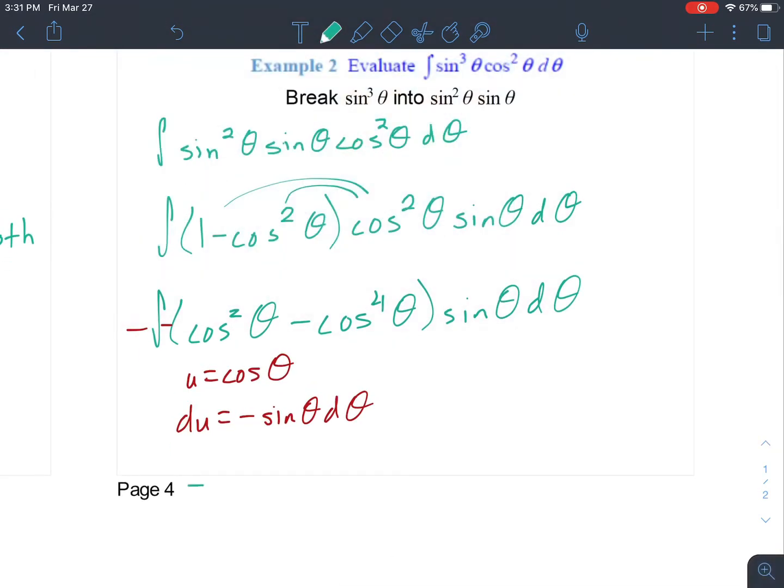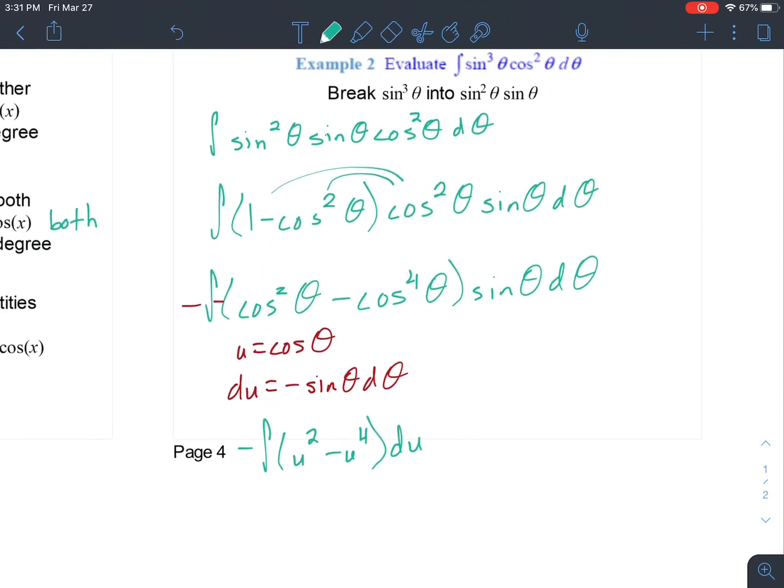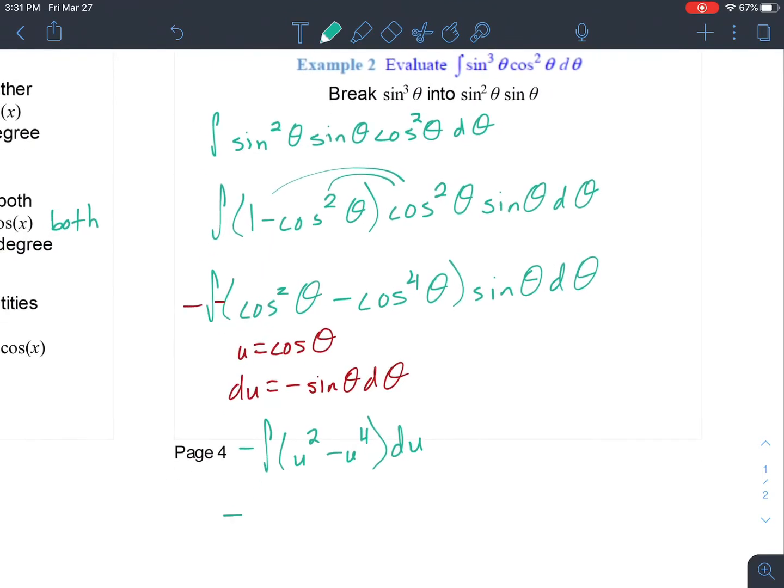We will now get negative integral, and this negative is going to go with sine over there, and then inside the parentheses we're going to get u squared minus u to the fourth du. Then we can integrate.